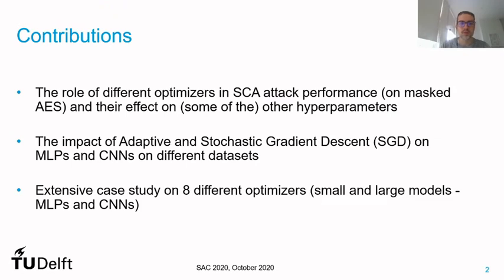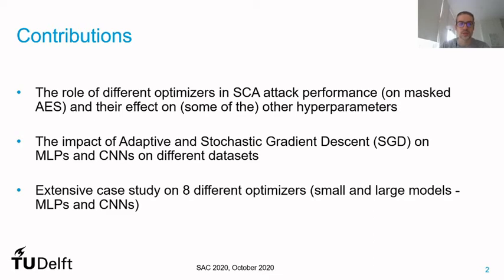The main contributions of this work: we analyzed the role of different optimizers in side channel attack performance on a masked AES implementation, and we also see the effect of these optimizers on some other hyperparameters.